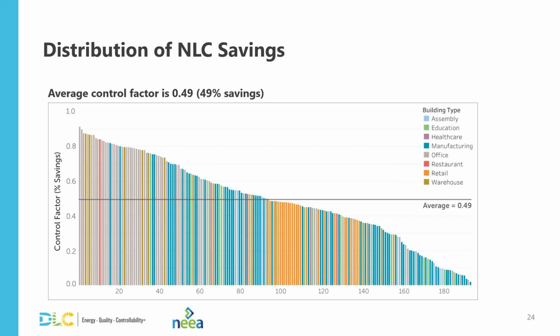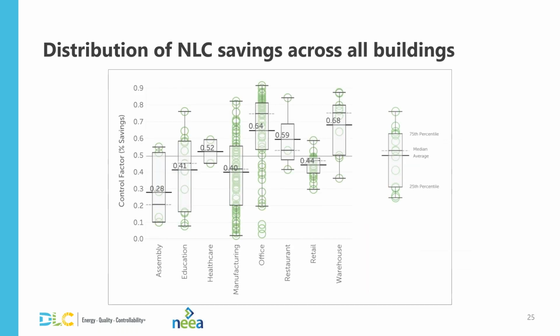So this box and whisker plot shows the distribution of NLC savings for each building type. Each box and whisker represents a different building type, and the green circles within represent savings of each individual building of that particular building type.